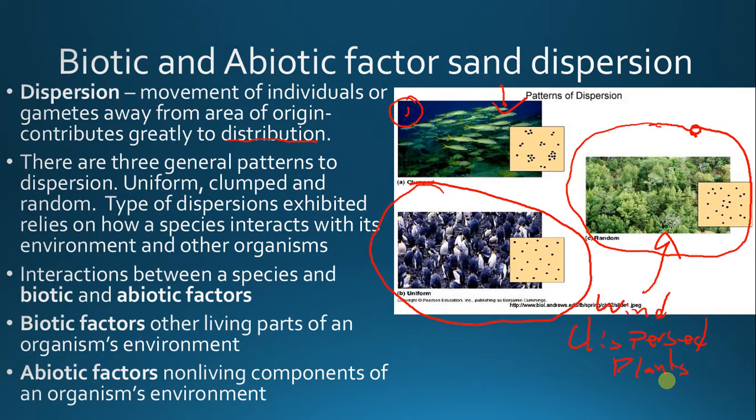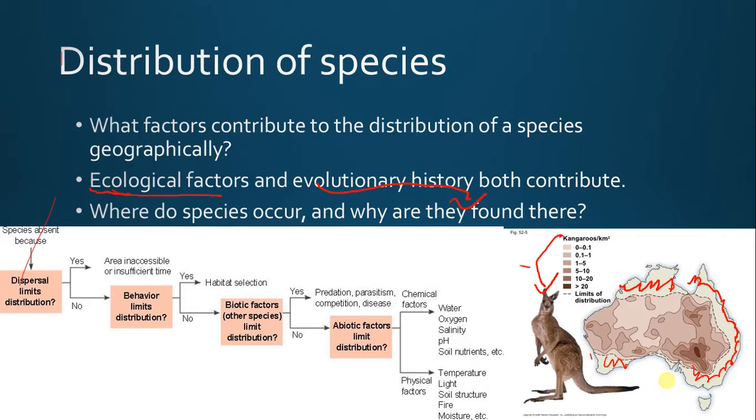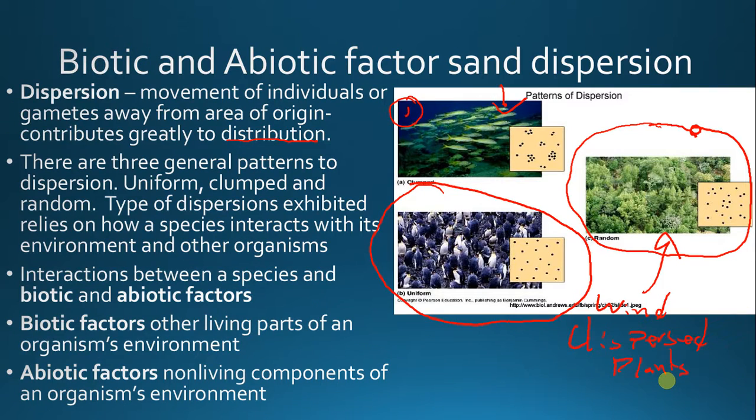Interactions between species and biotic and abiotic factors, like we looked at on the last slide, do influence distribution and dispersion. Just to review, biotic factors are other living parts of an organism's environment, so other animals of the same or different species.